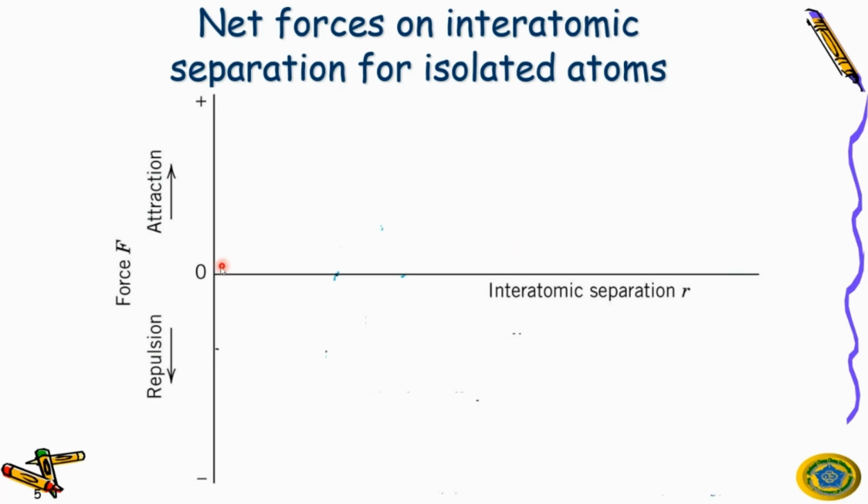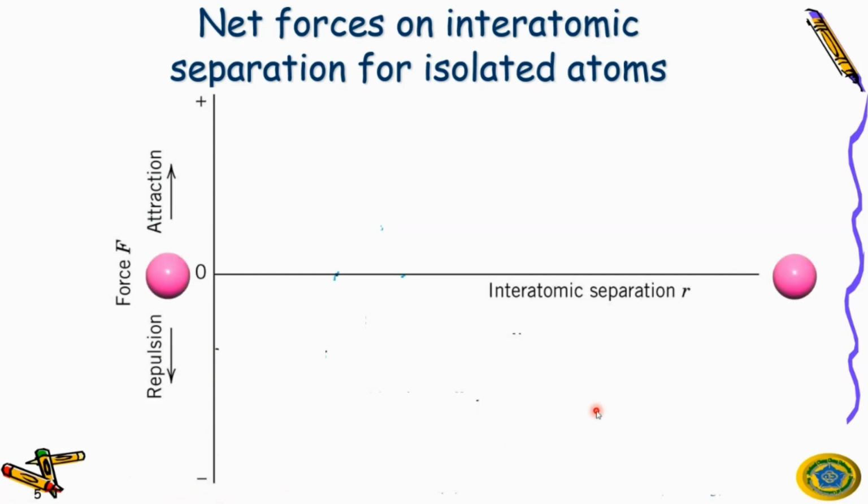From zero is the same position, which is impossible, to very far away from each other. The y-axis above zero is called attraction force, which is positive, and below zero is called repulsion force, which is negative, right?